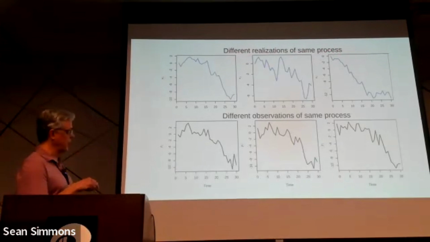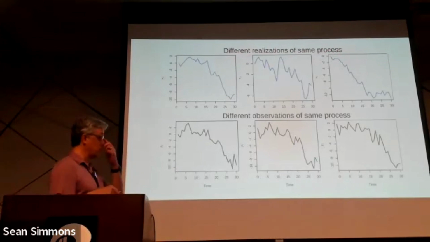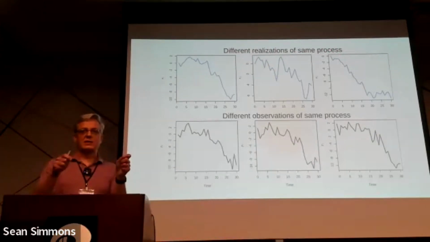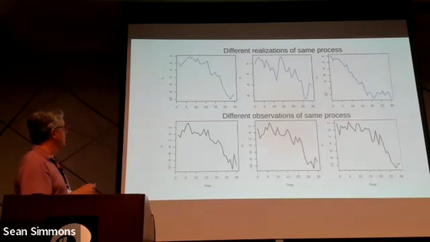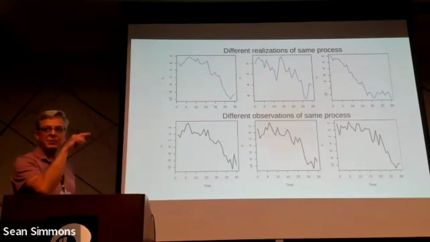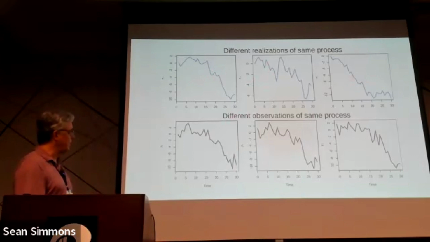So this is just a biased random walk. And I had the exact same parameters and I just simulated it 3 times. All of them started at 0. And you can see that these 3 look a bit different to me. In this case, it's the same process that I just added some observation error to, and all of these tend to look much more similar to one another.